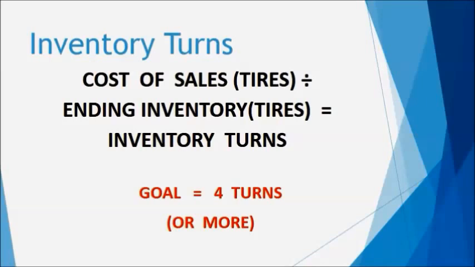If you happen to have a big inventory in parts, then you would take cost of sales parts divided by ending inventory parts. And that way you could see how quickly you're turning over your parts inventory as well.